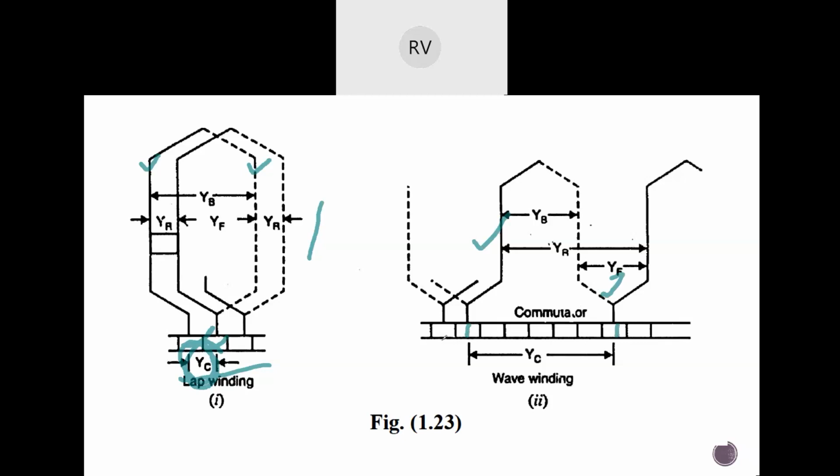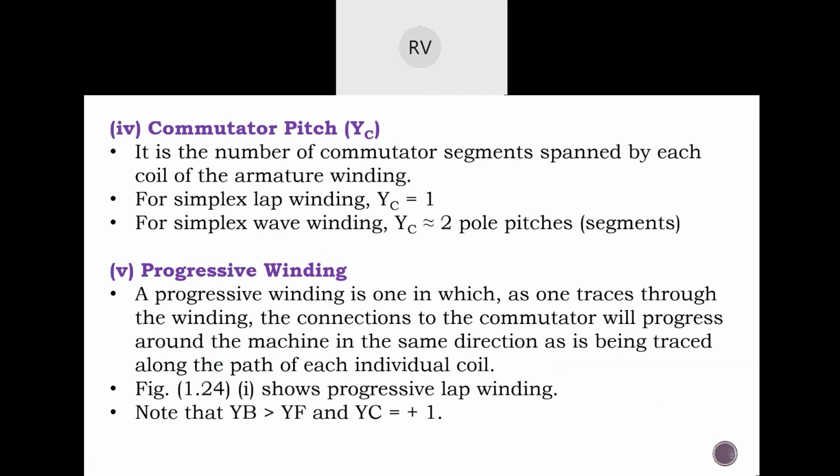The distance between these two commutator segments is the commutator pitch, which is nothing but 2 pole pitches. So the commutator pitch for wave winding is 2 pole pitches, whereas the commutator pitch for simplex lap winding is YC equals 1.